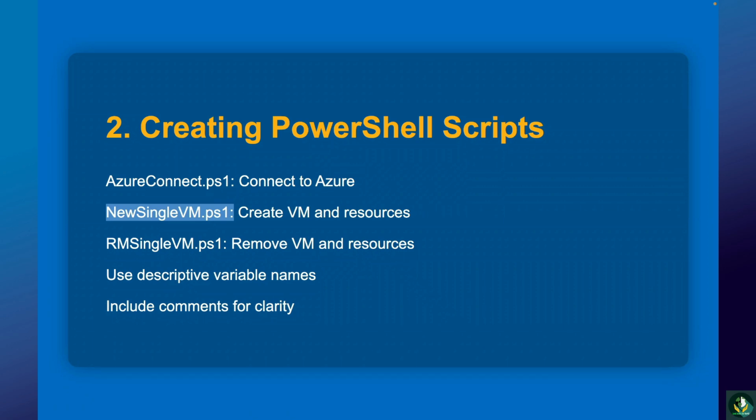For the simplicity, I'll be using RG for our new resource group. Also, we'll be including comments to explain each section of the script, and we'll use consistent formatting for readability. And of course, remember that when working with Azure in PowerShell, we use AZ module commands. For example, new AZ VM, remove AZ resource group, and so on.